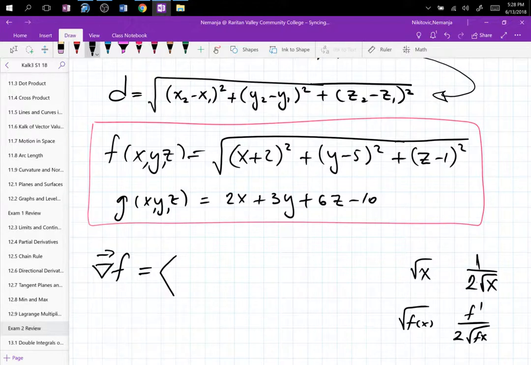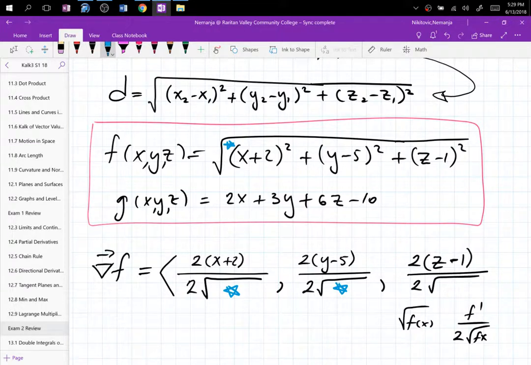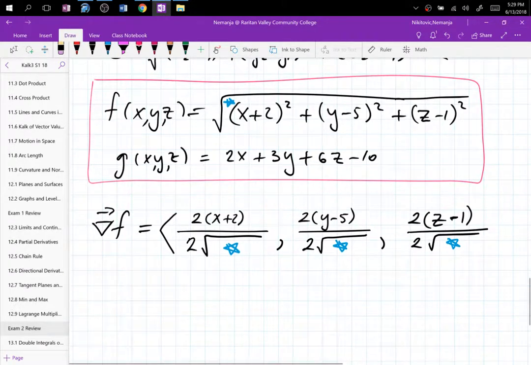I'm not writing the whole thing under the square root, so I take the blue star over here and put the blue star over here. Done. And then 2 times (z minus 1) for the partial derivative with respect to z, divided by 2 times the square root of the blue star. So whatever was under the square root before is still under the square root. Now all of these 2's are going to die.